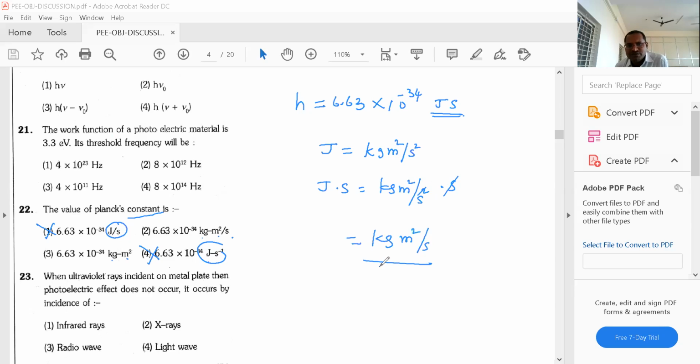Yes, this should be the unit. Option 2 is there. Not only the value, you need to remember the unit also, students. Getting it? Okay. Next. Question number 22 over.